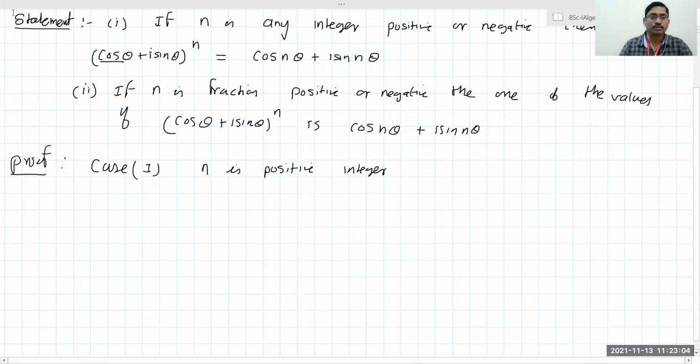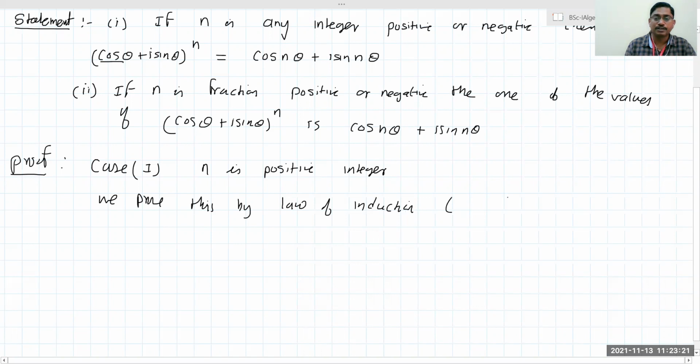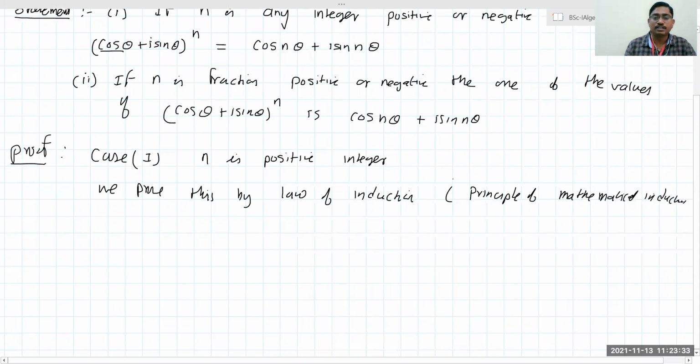Do you know about the law of induction, the principle of mathematical induction? We prove this by the principle of mathematical induction. So what is it?